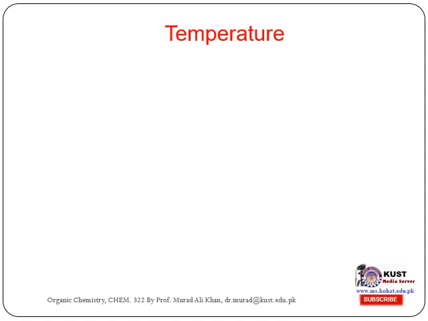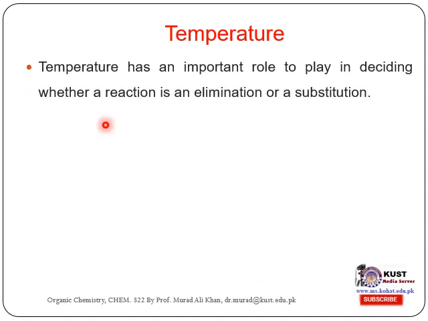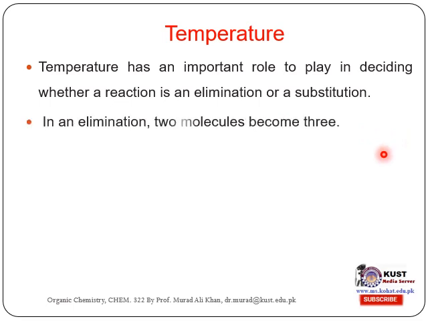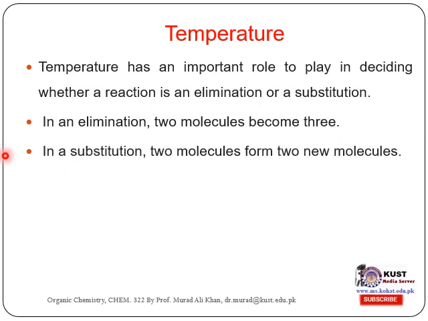The effect of temperature, how the temperature affects. Temperature has an important role to play in deciding whether a reaction is an elimination or a substitution. What happens in elimination reactions? In elimination reactions, we have two molecules, the substrate and the base, but it becomes three. In a substitution reaction, two molecules form two new molecules.